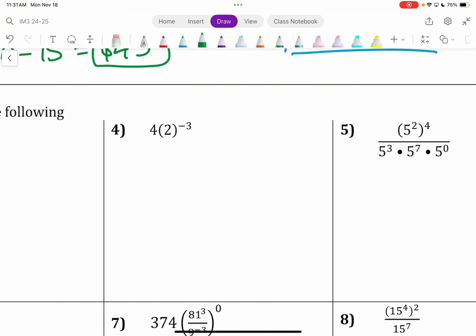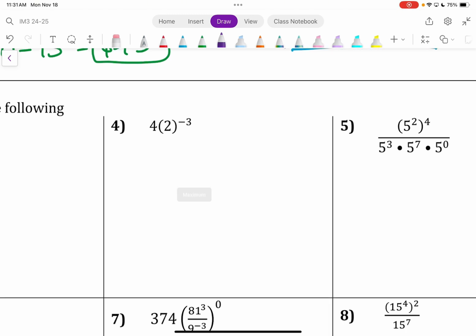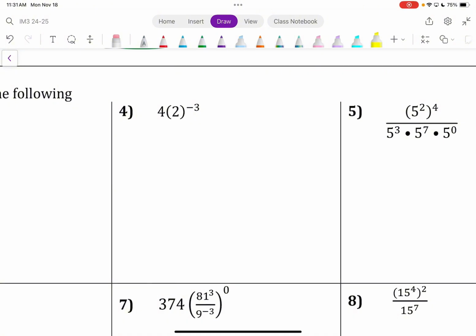All right, as we move on to number 4 in this case, now we do have some of these exponent rules that we need to refer back to solve this. Now, one of the biggest concerns here is that we have 2 to the negative third. This is going to require us to use the negative exponent rule, I'm going to write NE rule, so you guys know which one I'm referring to.